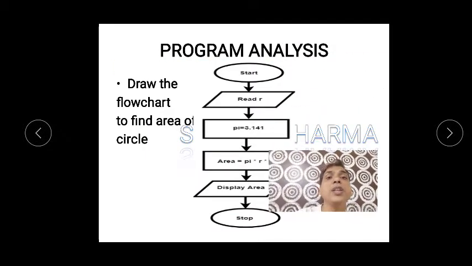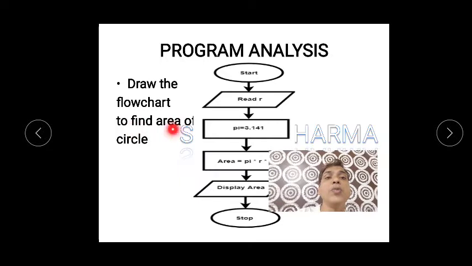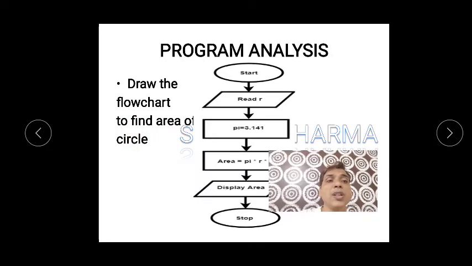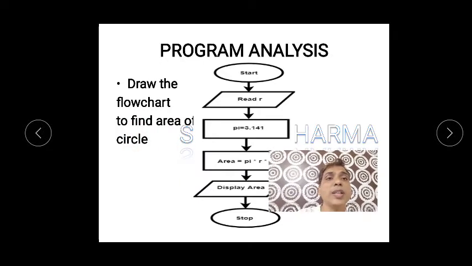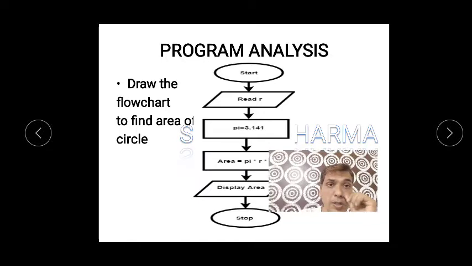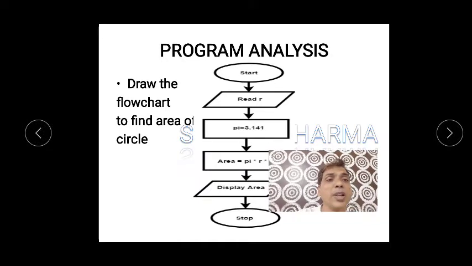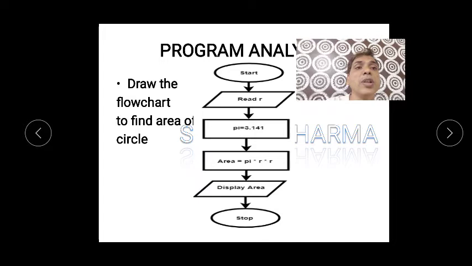Here you can see: draw the flowchart to find the area of a circle. I think everyone knows the algorithm: start, input, then variable declaration. Here they have not used variable declaration, but you can use it. So you can see start.